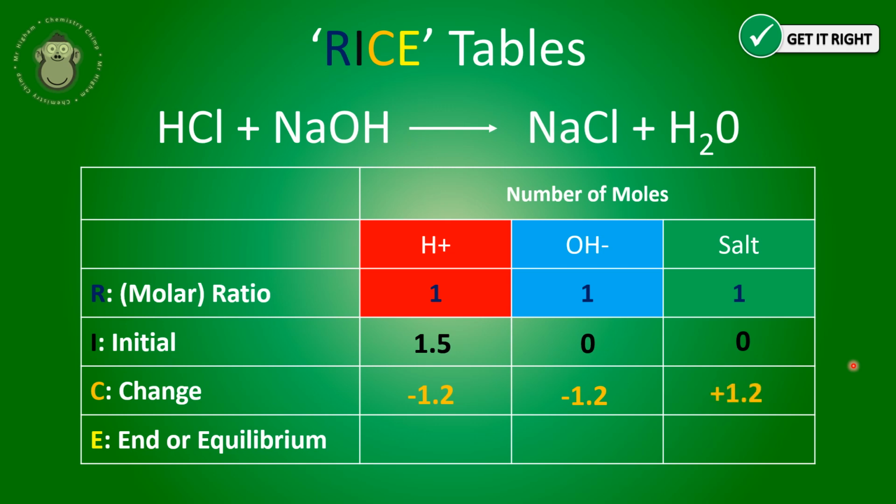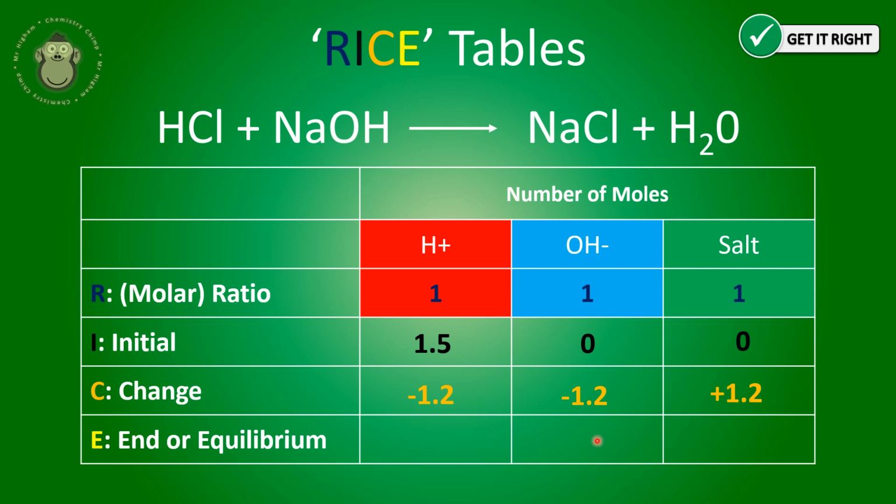On the right side of the arrow, the products formed, we would increase the number of moles of salt by 1.2. It's important to understand that before the arrow, the number of moles of reactants will always go down, and then after the arrow, the number of moles of the products will go up, and there would obviously be 1.2 moles of water produced at the same time.